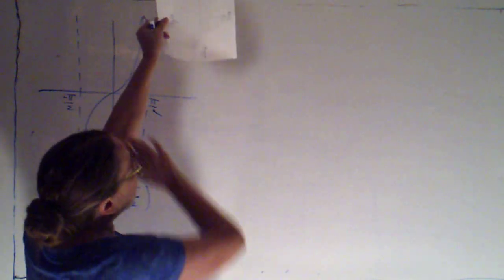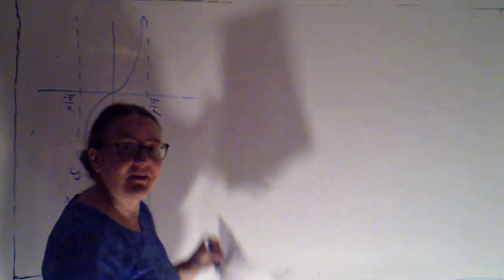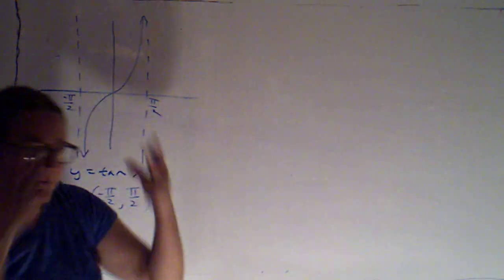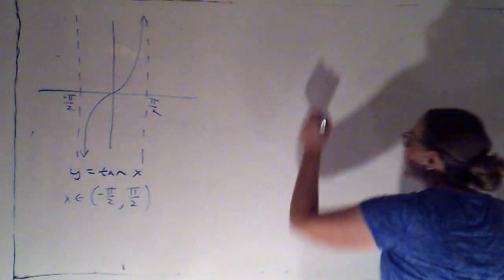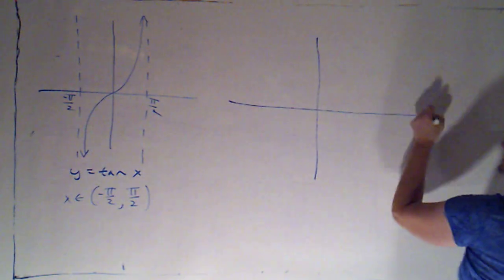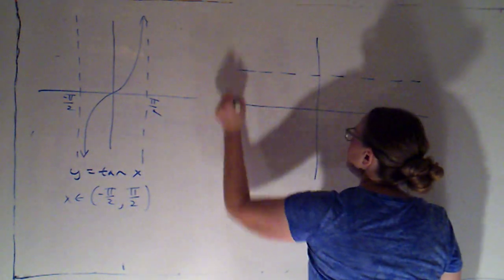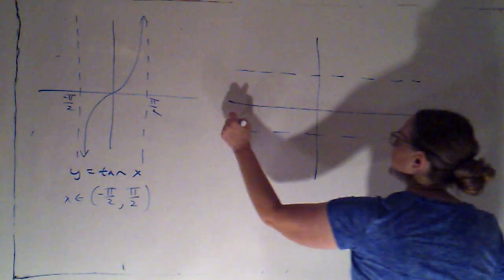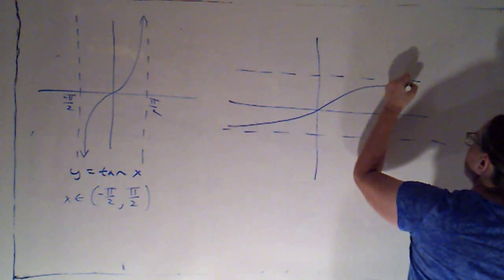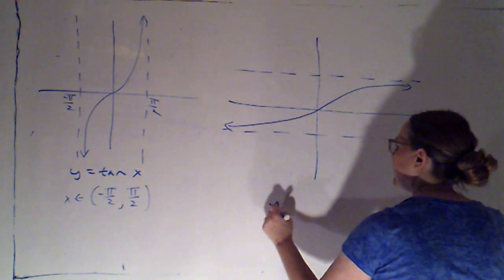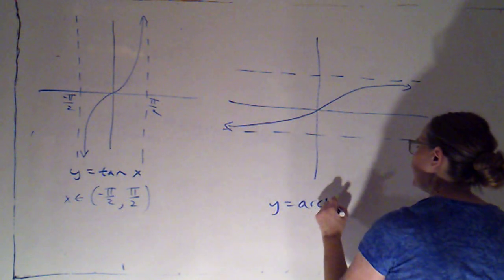Hold it up to the light and try to read what you've got through the piece of paper, and then before you forget what it looks like, put it down and copy down what you see. And what you should see is something that looks like this, and this is the graph of y equals arctan of x.